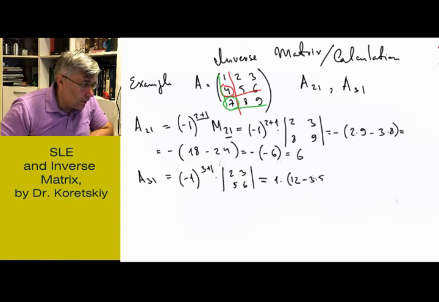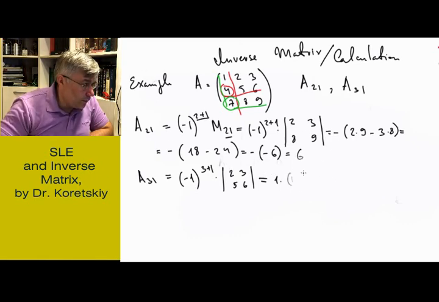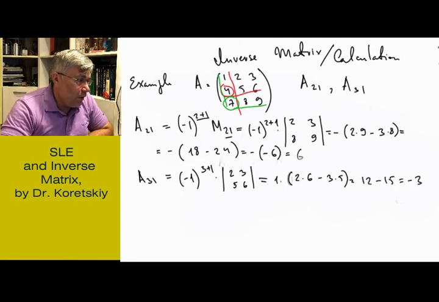Okay, it's better, I think, to do step by step, if you don't mind. 2 times 6 minus 3 times 5, and we have 12 minus 15, it is minus 3. So we have here minus 3.